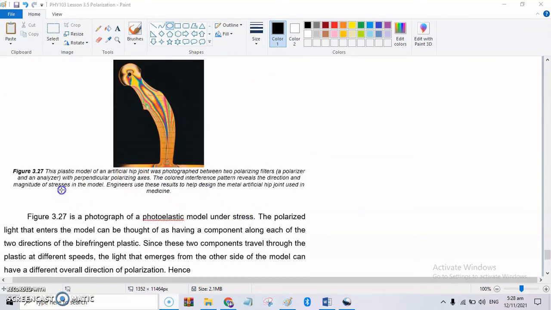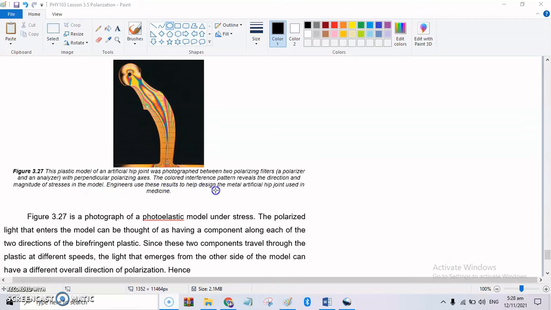Like in this figure, this plastic model of an artificial hip joint was photographed between two polarizing filters, a polarizer and an analyzer, with perpendicular polarizing axes. The colored interference pattern reveals the direction and magnitude of stresses in the model.